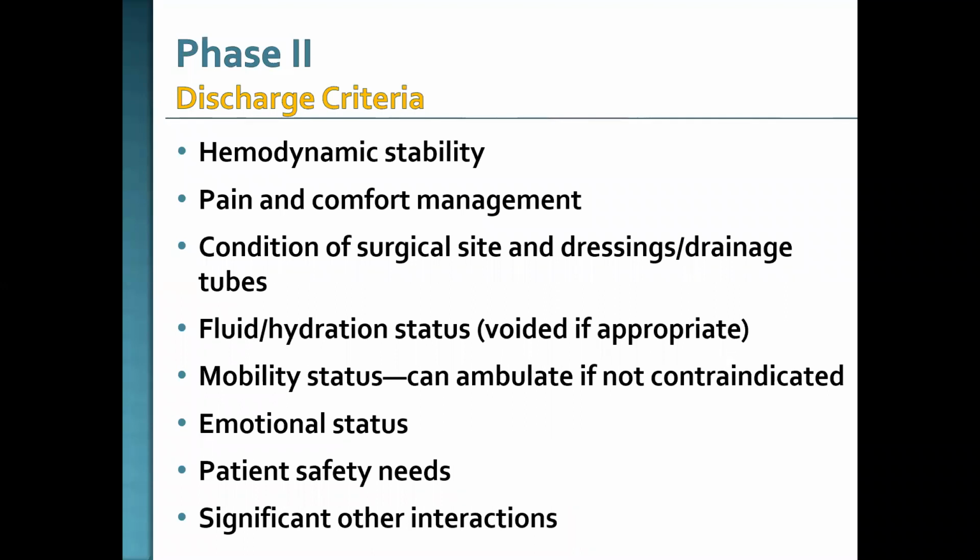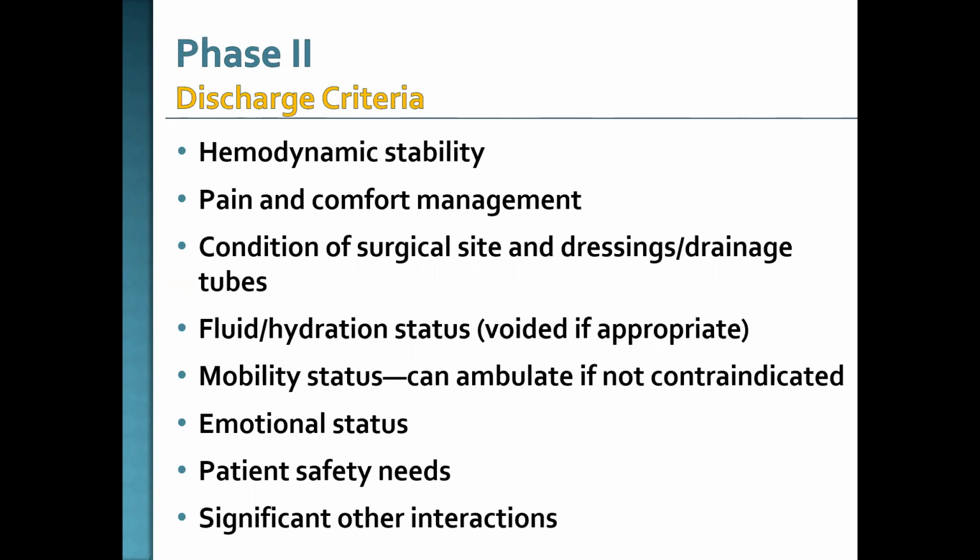Pain must be managed, and the patient reports the pain is tolerable. Surgical site dressing is without excessive drainage. Tubes and drains are draining as expected, with the expected color, consistency, and amounts. So anything unusual would not be a criterion met for discharge.